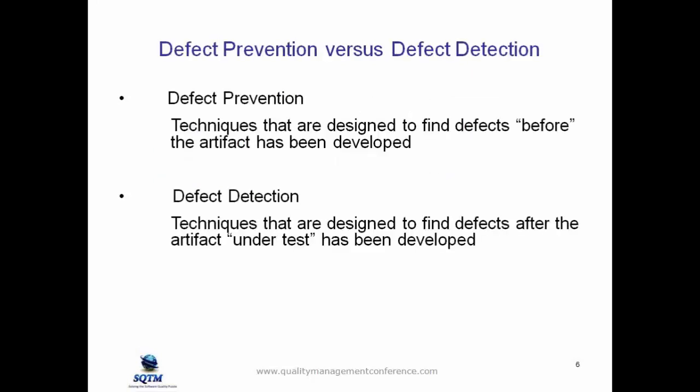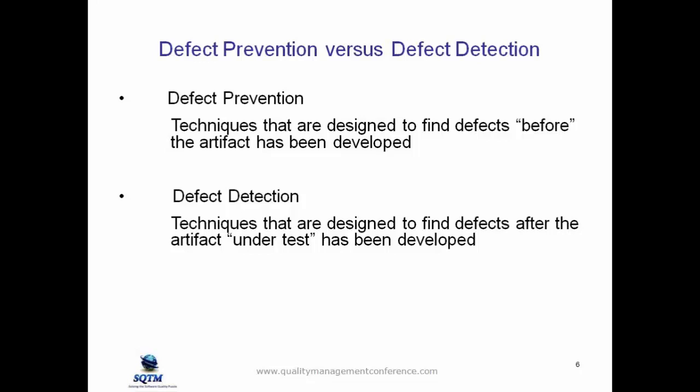So let's talk about defect prevention versus defect detection. I want to lay the groundwork in terms of understanding what those terms mean. When you think about defect prevention, these are the testing techniques that are in place to prevent defects before the artifact has been developed or before the actual phase of the project has occurred.